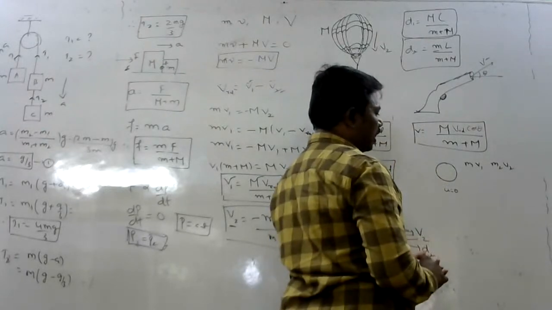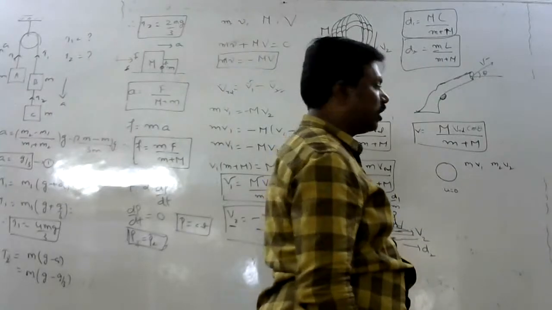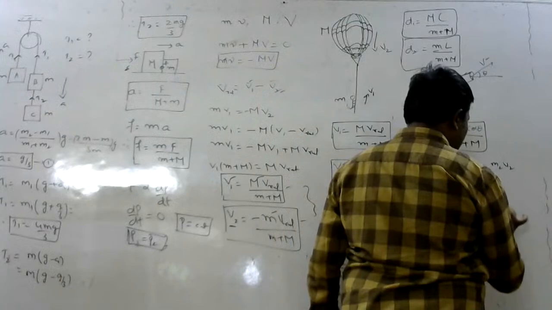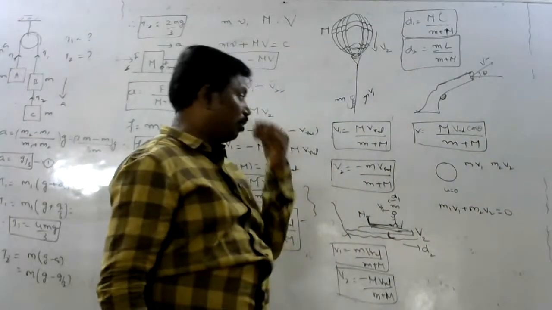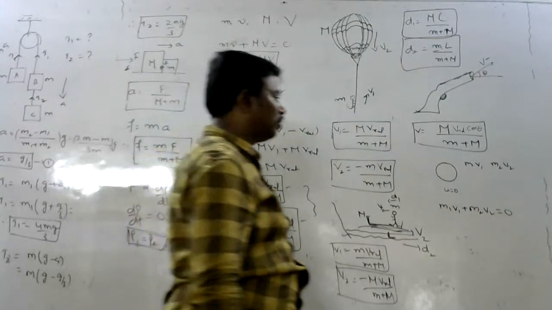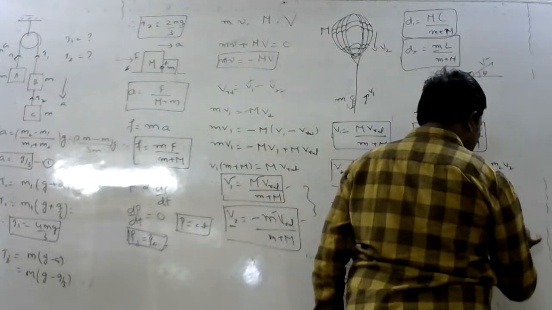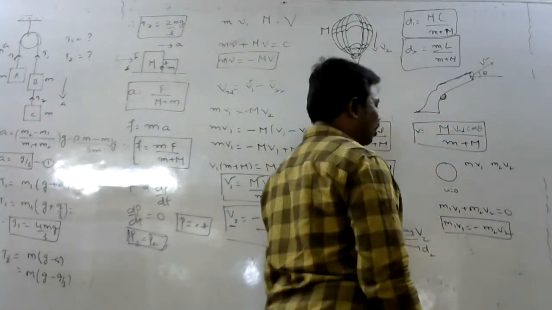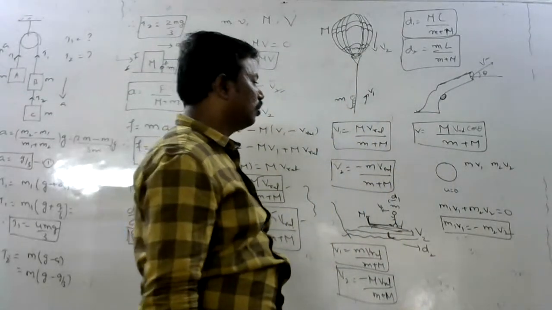So bomb initially at rest means initial momentum is also zero. So m1 v1 plus m2 v2 is equal to zero. From this equation, m1 v1 is equal to minus m2 v2.